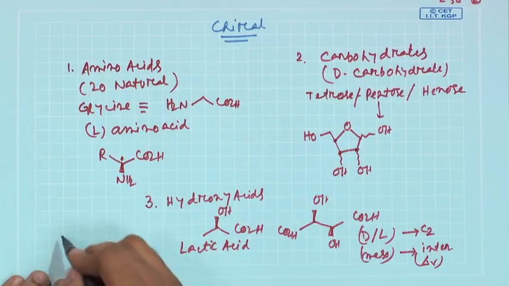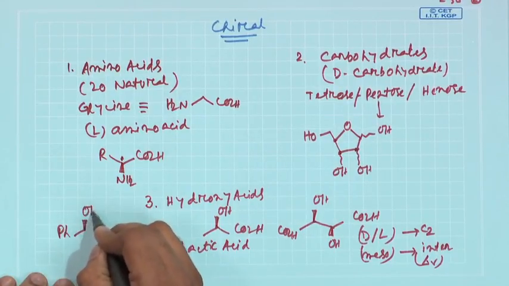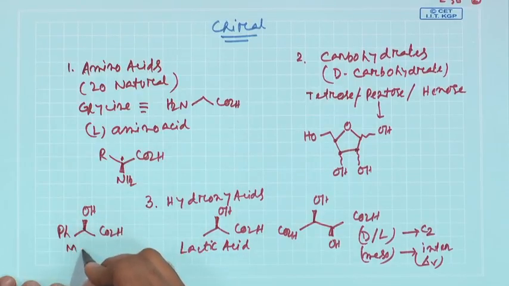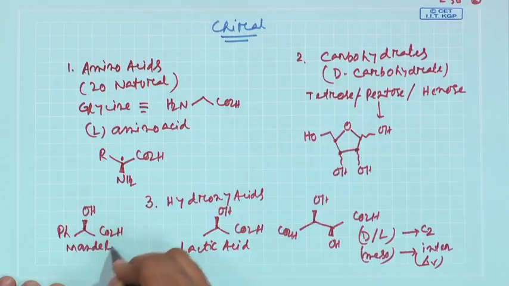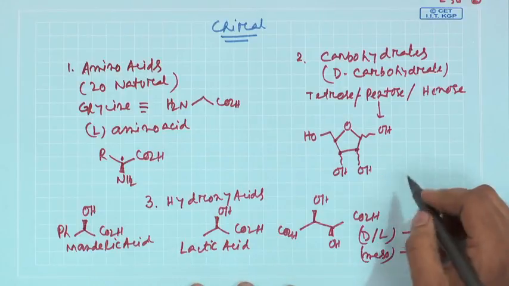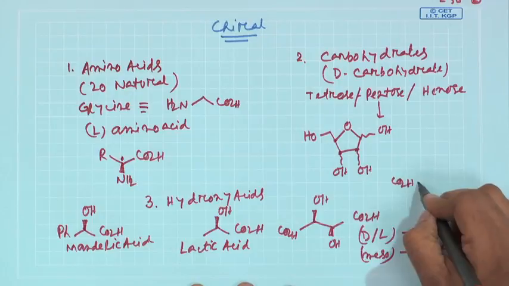In addition, you also have other hydroxy acids, like mandelic acid, which is also a naturally occurring hydroxy acid. Do you have some other hydroxy acid? I will just try to draw its structure.